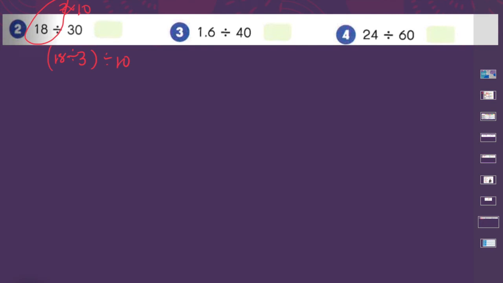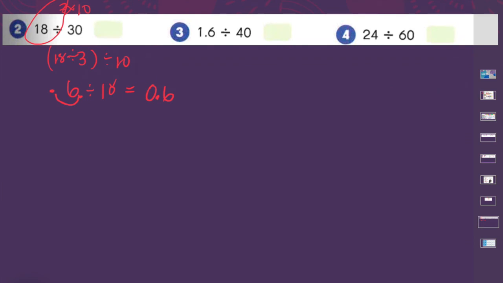All right, so 18 divided by 3 is 6, and 6 divided by 10, well, my decimal point is after the 6, and since I'm dividing by 10, I know I'm going to move my decimal point 1 place value to the left. So this becomes 0.6.